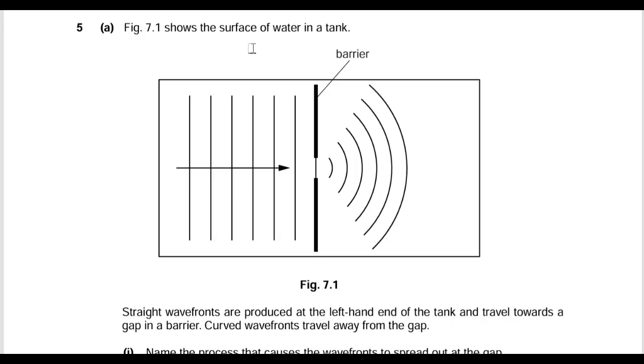Question number 5 is saying figure 7.1 shows the surface of water in a tank. So there is a tank in which some wavefronts are traveling towards this barrier, and after this gap they are being spread. Straight waves are produced on the left hand side and they travel towards the gap in the barrier, and curved wavefronts travel away from the gap. So this gap is curving our wavefronts.